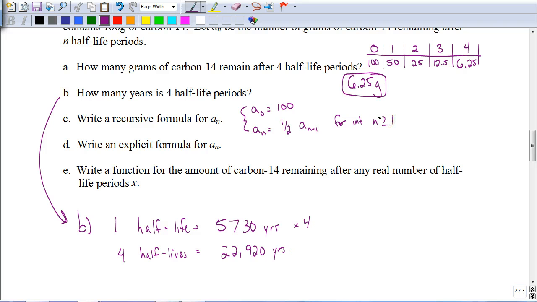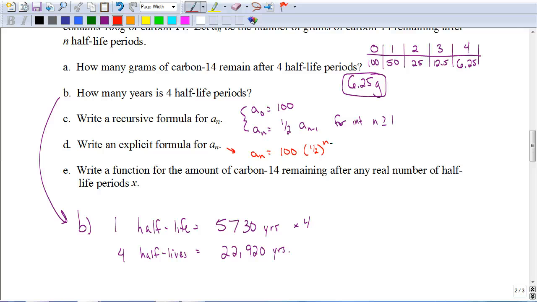So an explicit formula in this case, part D, your explicit formula would be A sub n equals your initial amount, which is 100, times your growth factor, which in this case would be 1/2, to the nth power. So that would be your explicit formula.